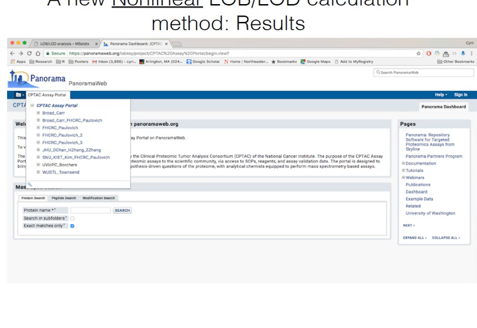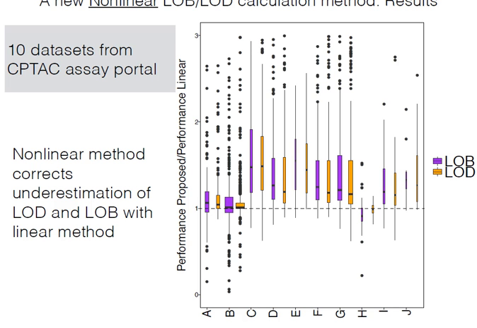These are really data sets that are designed to calculate calibration. They're calibration studies, so they're perfect to test the new method that we're proposing. Here, what I showed is the ratio of the LOB and LOD obtained with the new method: I divide this new value of the LOB and LOD by what we obtain with a linear method.